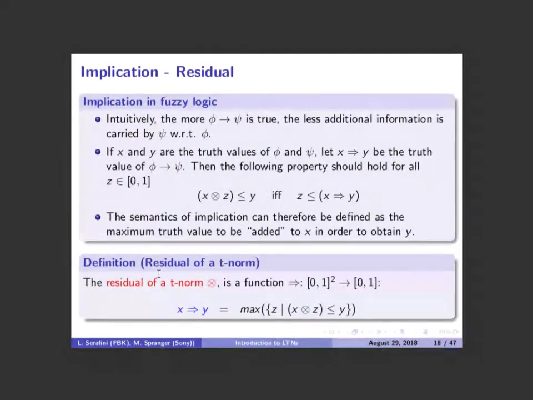Just to mention the motivation for this is that the semantics of implication can be defined as the maximum truth value to be added to X in order to obtain Y. And again, described in terms of the T-norm, it becomes this function, the double arrow there, which is defined here as the maximum Z satisfying that constraint: X T-norm Z smaller than or equal to Y.